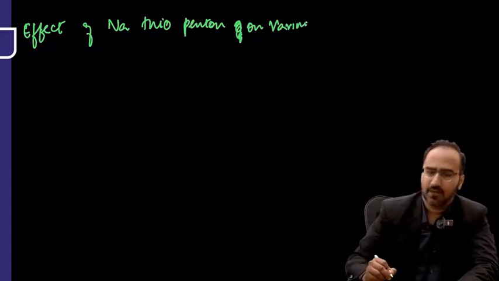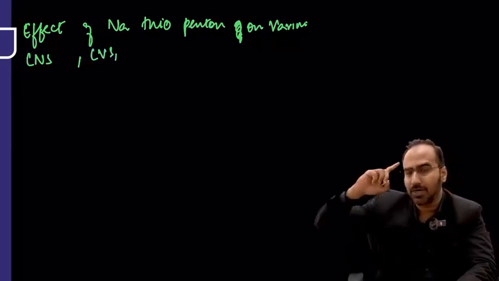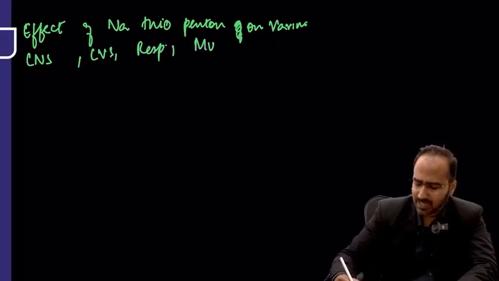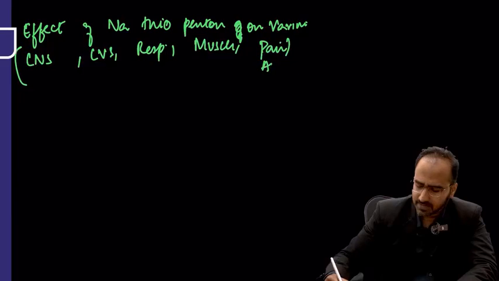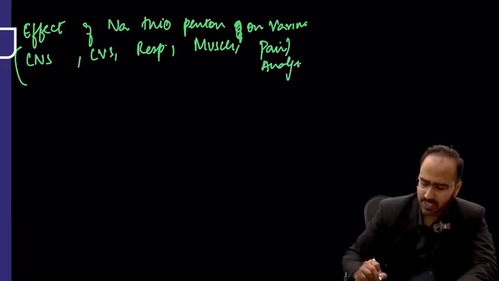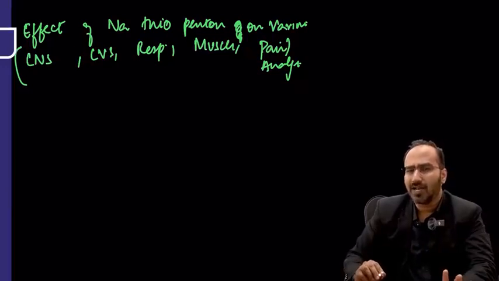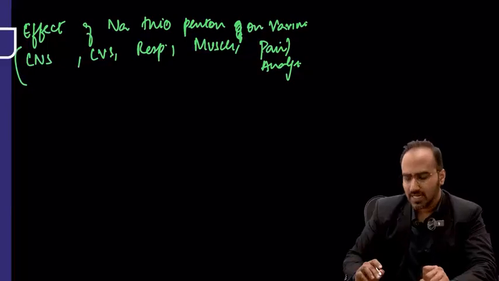Various systems means there is CNS, there is CVS. Remember top to bottom, guys. CNS, CVS, respiratory, muscle, and pain system or analgesic system. Okay? I used to remember one line of sodium thiopentone and all MCQs used to be covered in that.